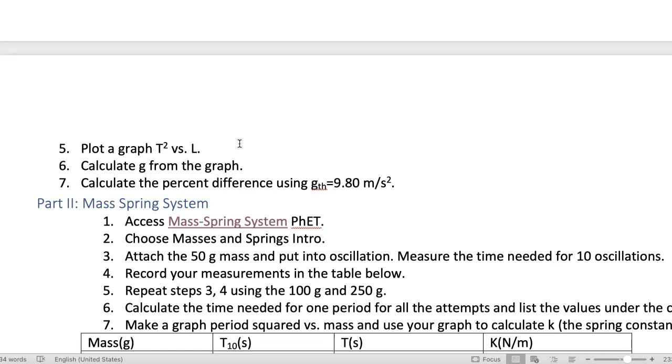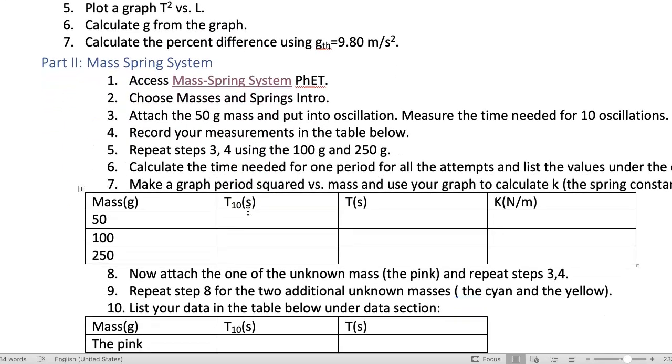Okay, I will use the graph of T squared versus L to calculate g from the graph, and I will show you in a little bit what the relations are, but just let me finish the lab.